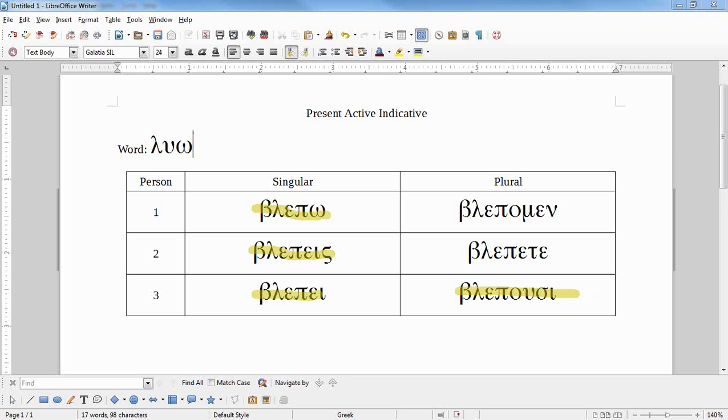No, blepo here means to see. Luo means to lose. So I was going to do the next form for you guys. That's why I brought luo back, because luo is a really easy one to go through all these different paradigms and forms.